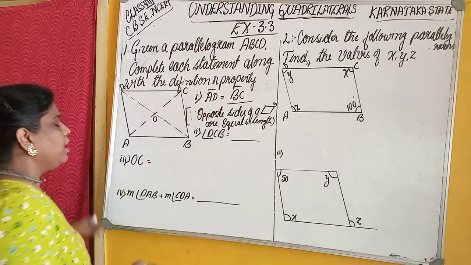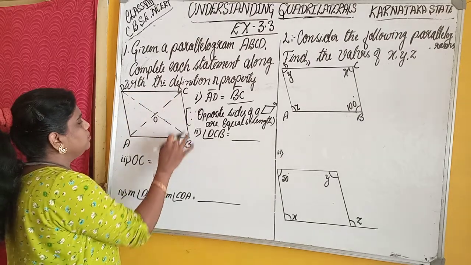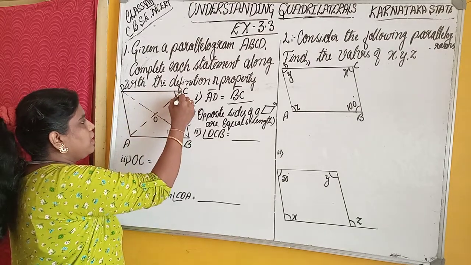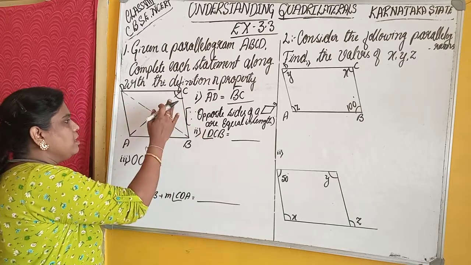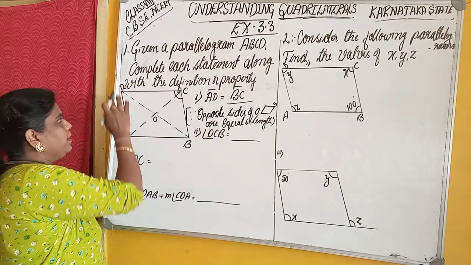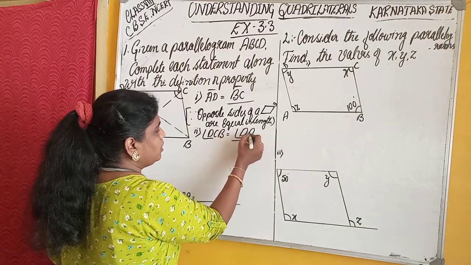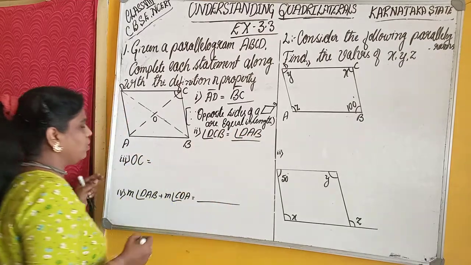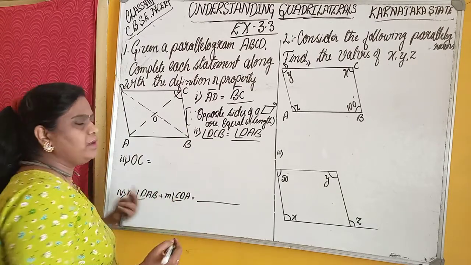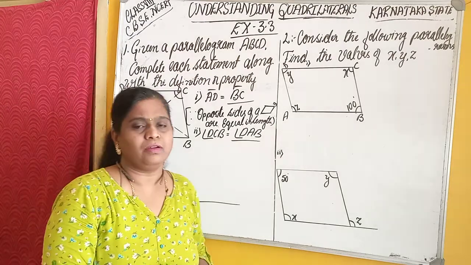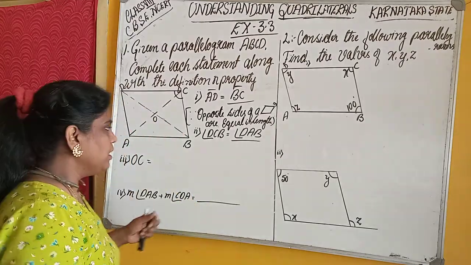We fill it. Angle DCB. It is given that angle DCB is equal to, I am writing angle DAB. Why? Angle DAB, because these are opposite angles of a parallelogram. We know from the property of a parallelogram that the opposite angles of a parallelogram are equal.